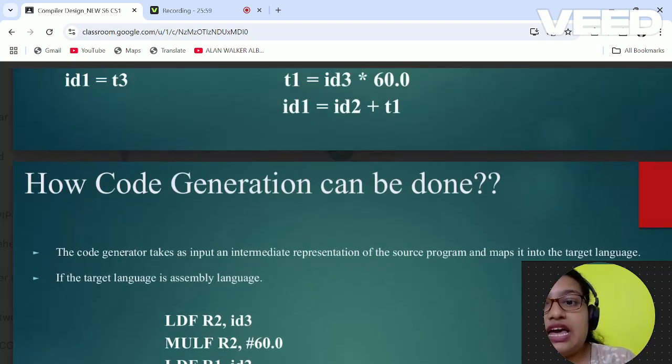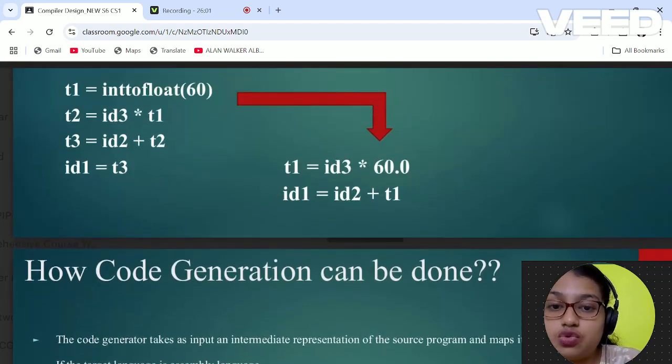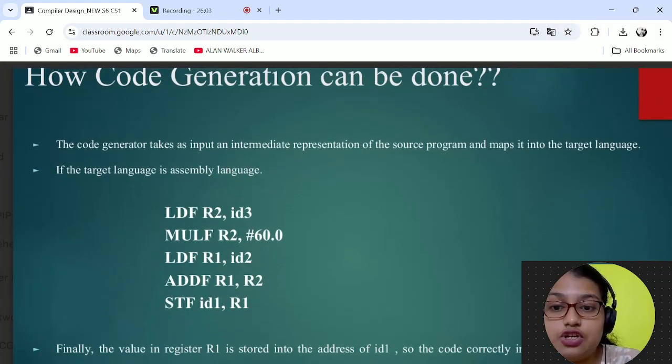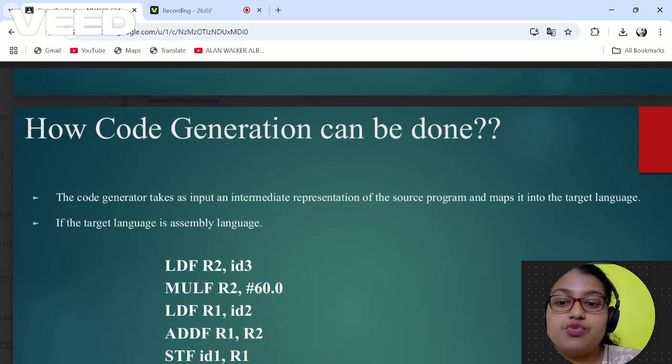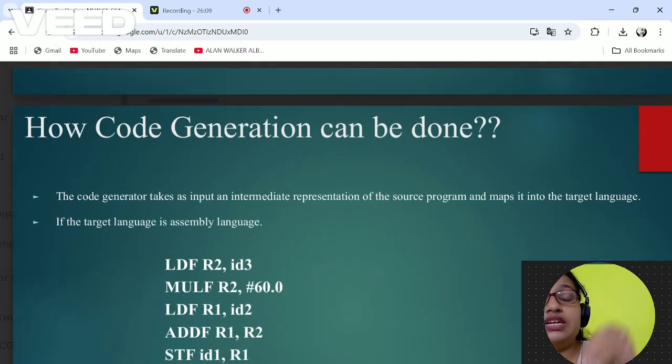Next, I have another id2. Whatever I have in id2, I'm loading it into another register r1. It's not storing, I'm loading it. Then what do I have to do?